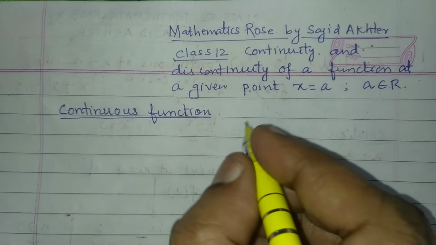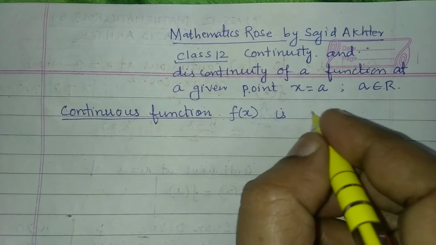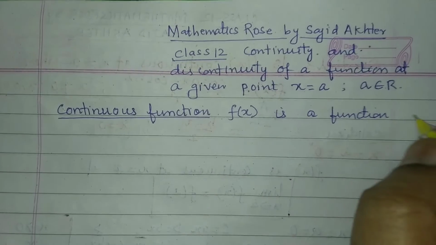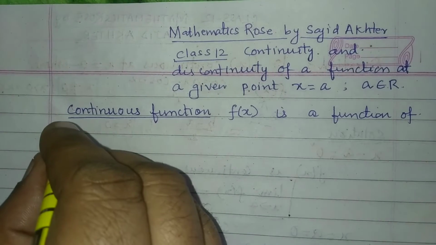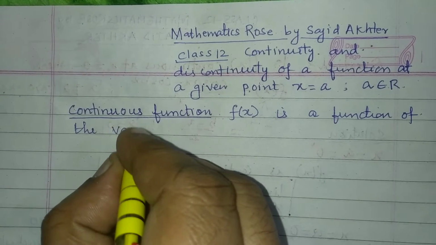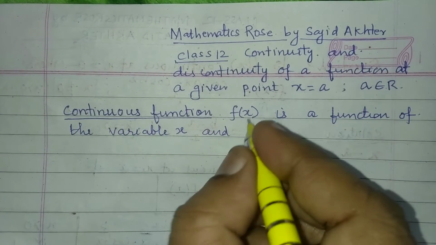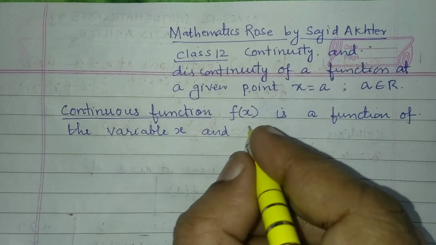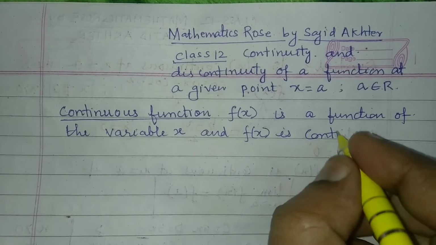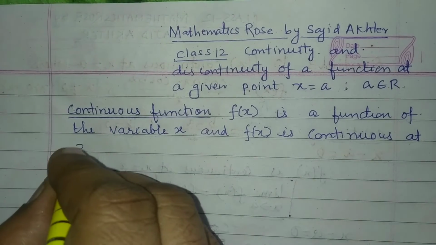So now suppose that f(x) is any function. f(x) is a function of the variable x, and x has a lot of values, and f(x) is continuous at x is equal to a.